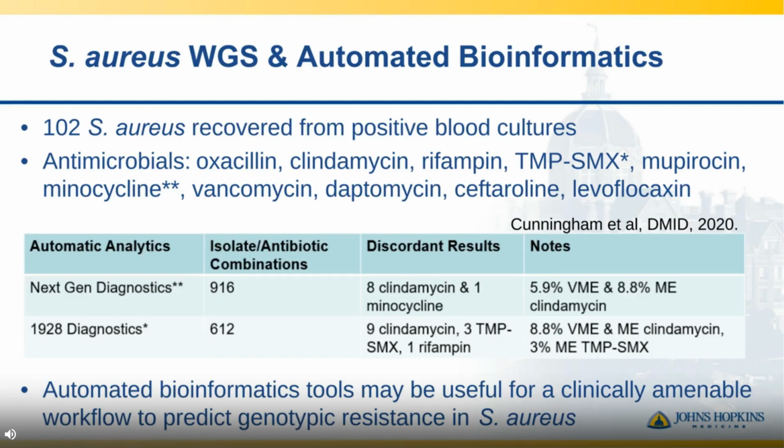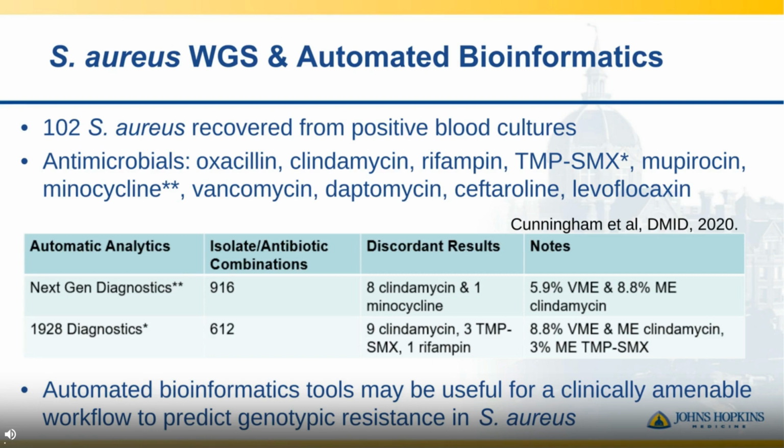But here's one of the publications comparing Nextgen Diagnostics and the 1928 analytics programs for 102 Staph aureus isolates recovered from positive blood cultures to try to predict the phenotypic profile for these isolates, including these agents listed here.